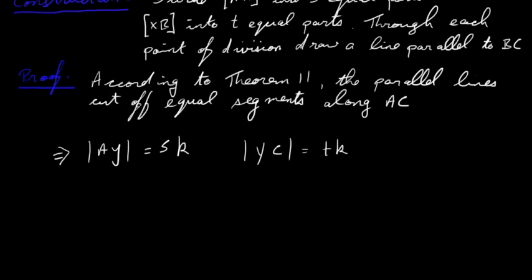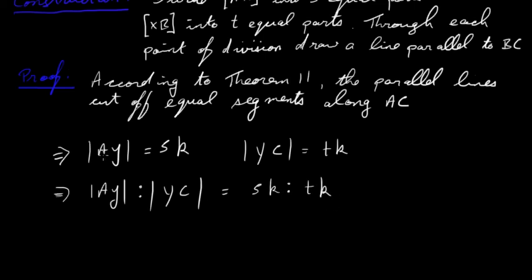Now, if we take the ratio of AY is to YC, that's just going to be exactly the same as SK is to TK. So the ratio of this to this would be just equal to the right hand side's ratio, if you like, SK to TK.